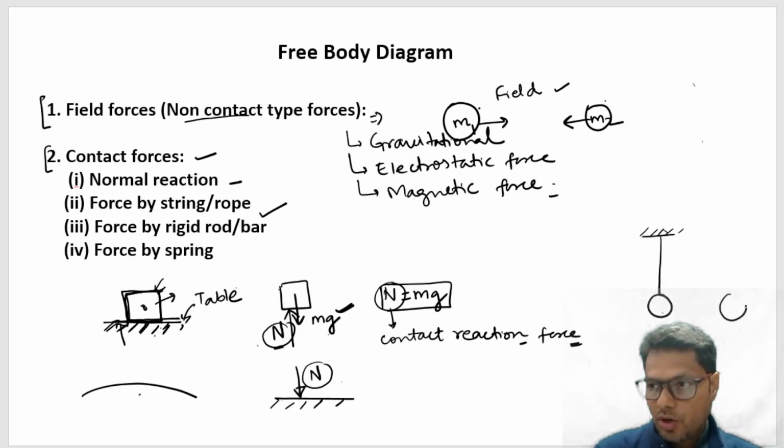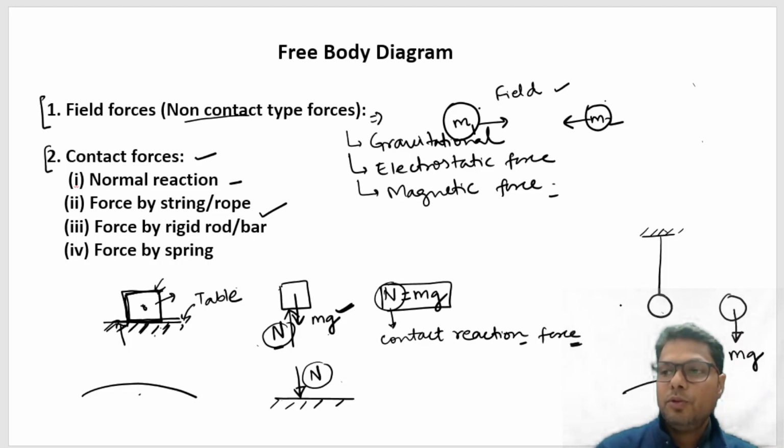Isolate this ball or draw the ball separately. Here is earth. Earth must be attracting this ball. So there will be a gravitational force or non-contact type force, which is the weight of the body. But practically, the ball will not go downward due to the string attached to it, and the string will be tightened.